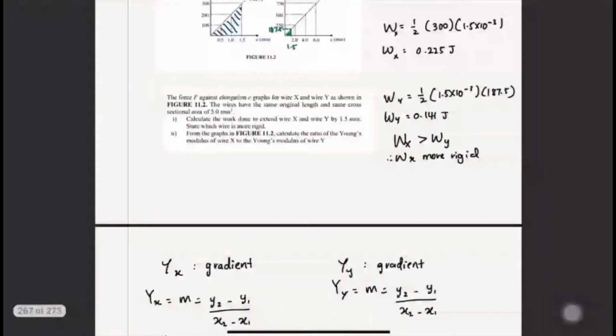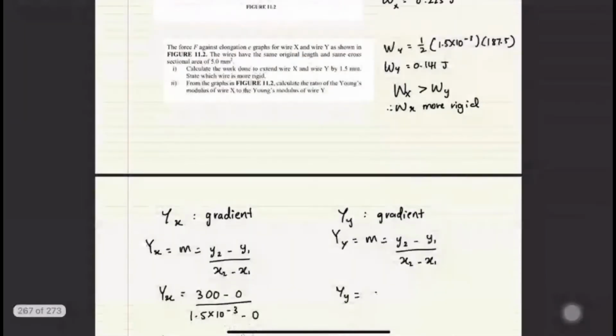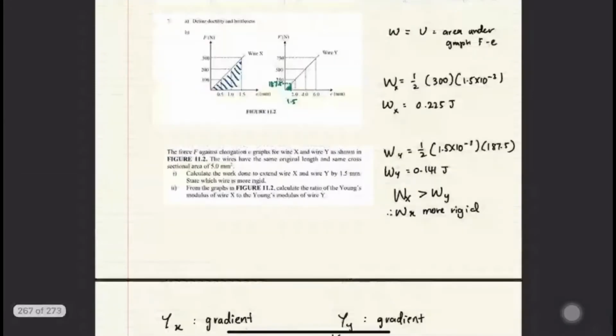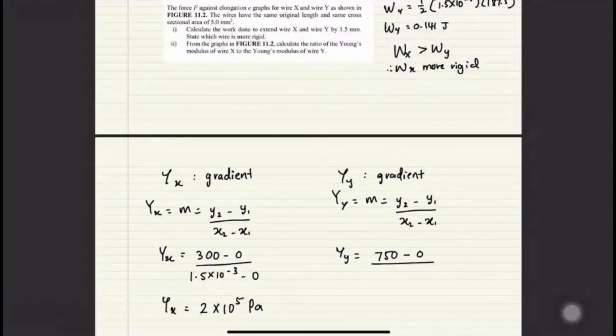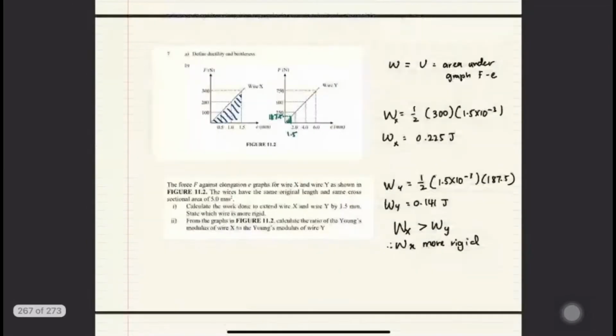Okay. And then at the same time you have over here YY, which is equals to 750 minus 0 divided by 6. So minus 0. Again, you can choose any point. Basically, you can choose this point ke, that point ke, it doesn't really matter.